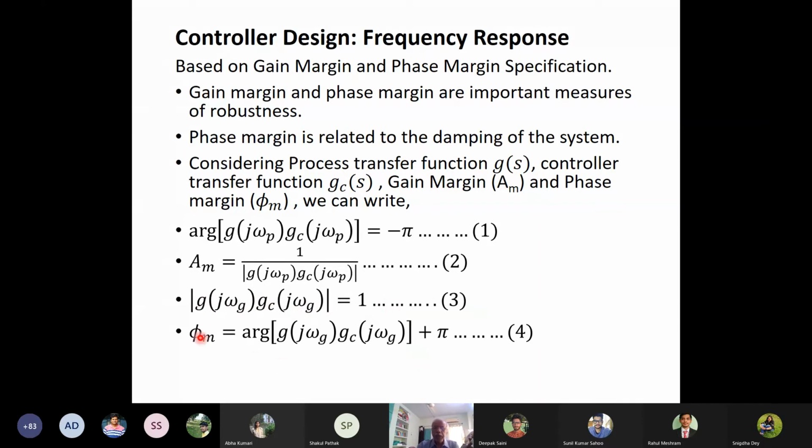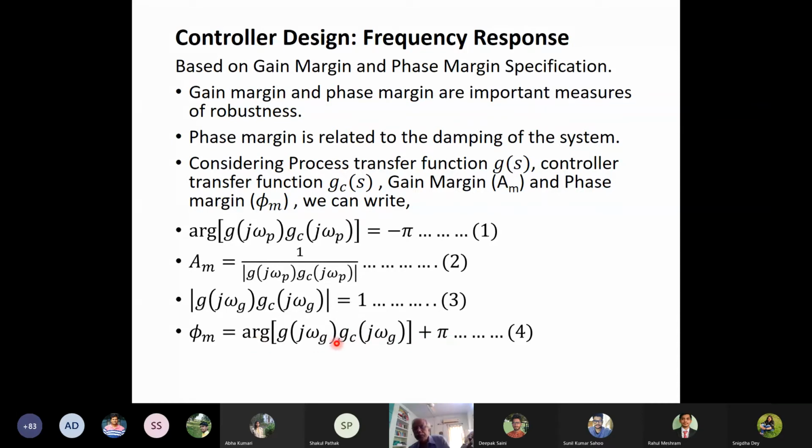And the phase margin is calculated at the gain crossover frequency. So at gain crossover frequency, the phase margin is the argument of this G_OL at gain crossover frequency plus pi.